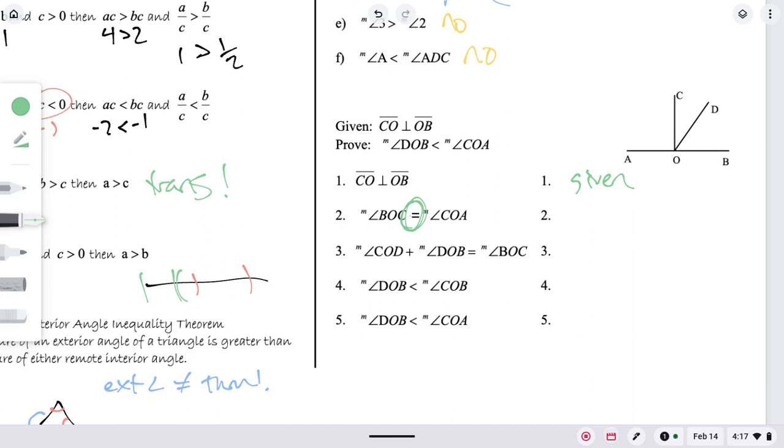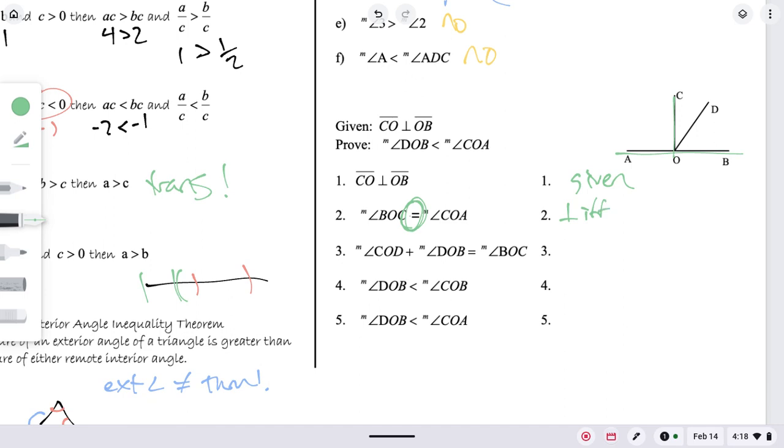So if CO is perpendicular to OB, I'm supposed to prove that DOB is smaller than angle COA. This first equality, though, BOC and COA, those are just the two angles formed by my perpendicular lines. And I do have a theorem from a long time ago. That might be hard to remember, so use that cheat sheet I gave you if you're looking for stuff.